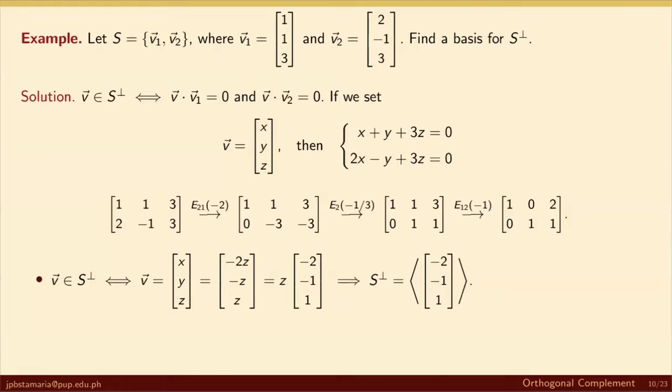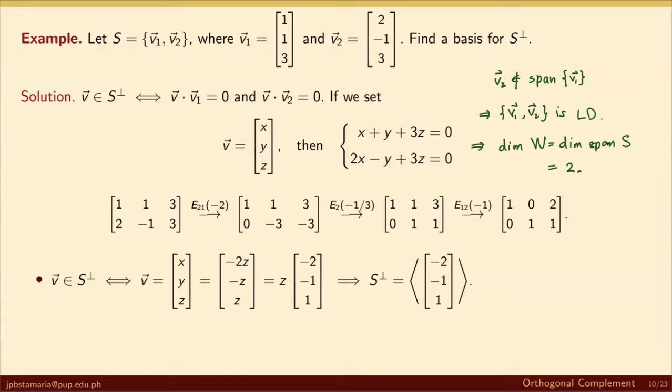If we take a look, as you can see, V2 is not really a multiple of V1. It's not a multiple. That's why the set V1, V2 is linearly independent. This is why if we take the dimension of W, which is the span of S, we should know that that space is two-dimensional.